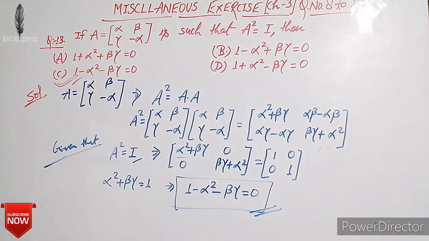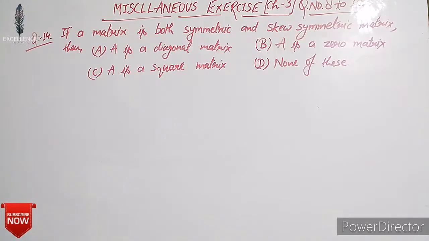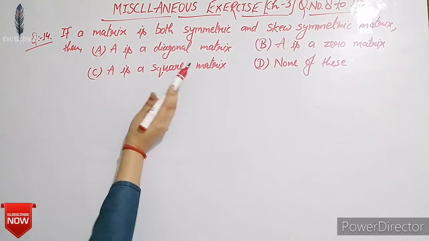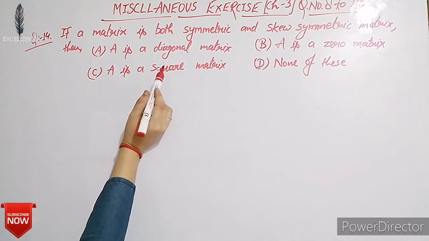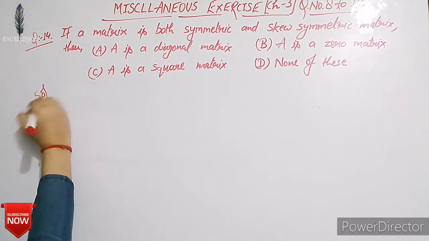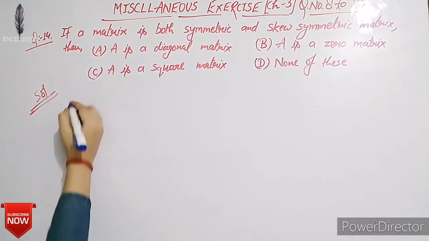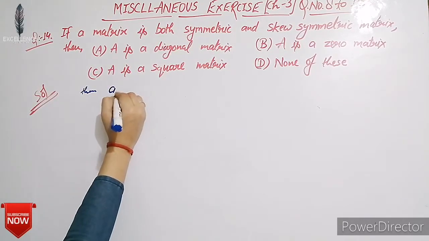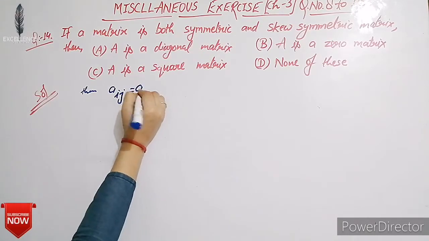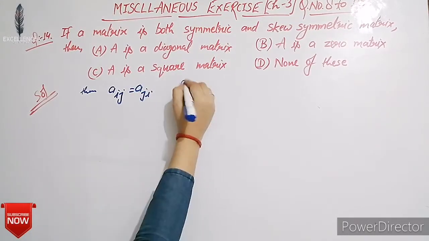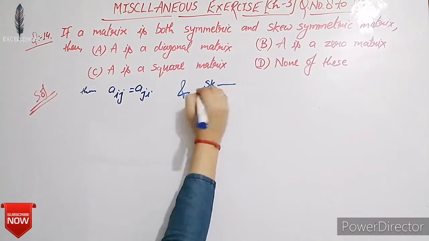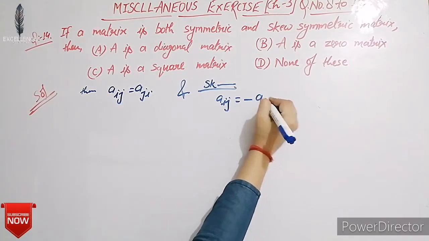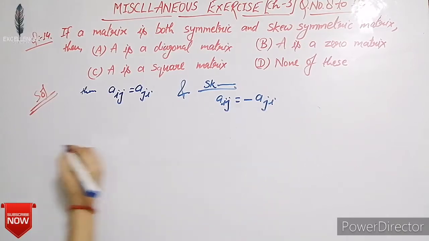Now let's see the next question, number 14. Here, if a matrix is both symmetric and skew symmetric, then what is the right option? So if A is a symmetric matrix, then Aij is equal to Aji, and if a matrix is skew symmetric, then Aij is equal to minus Aji.